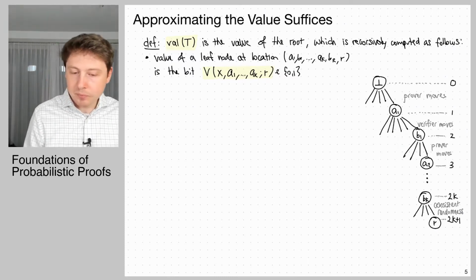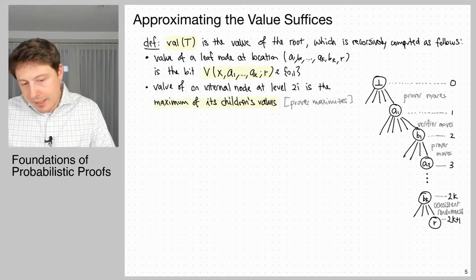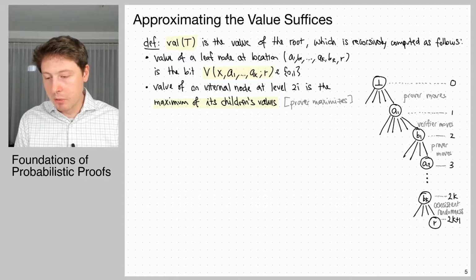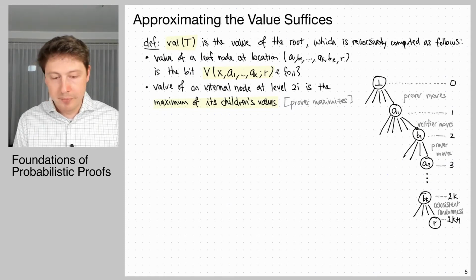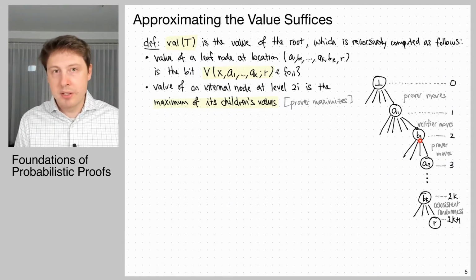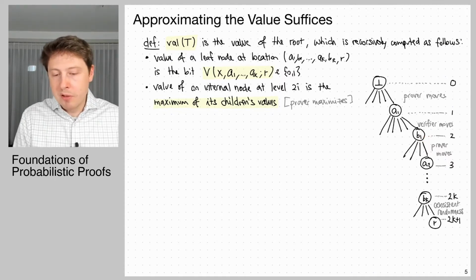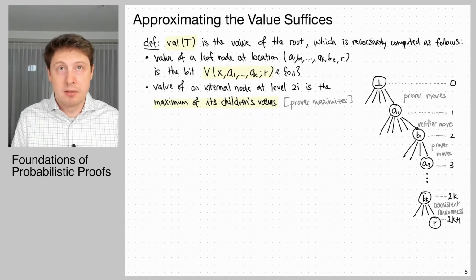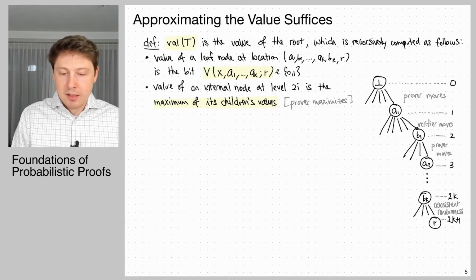Okay? And then just obvious things happen, right? So if you are looking at a prover node, for example, this one, and you're wondering what is its value, well, the prover maximizes, so it's going to be the maximum of the children's values. That makes sense.